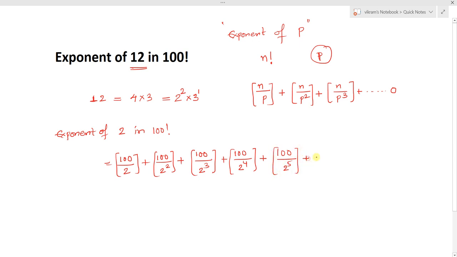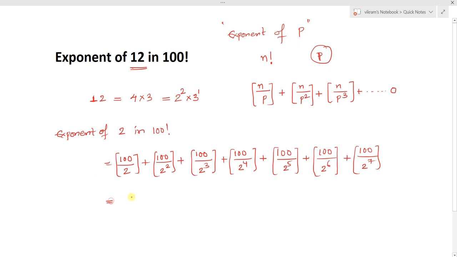We need to go up to 2 power 6, which is 64. 100 by 64 we get as 1. And if we consider the next, 100 by 2 power 7, that is 128, 100 by 128 means 0 point something, so we get it as 0.